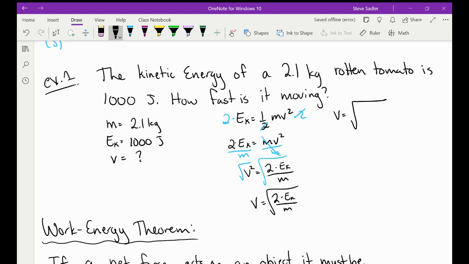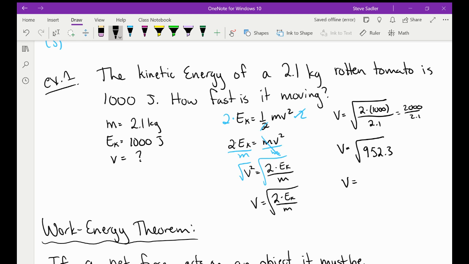Velocity is equal to 2 multiplied by 1,000, the kinetic energy, divided by 2.1. Let's do everything under the square root first. So we have 2,000 divided by 2.1, which gives me 952.3.